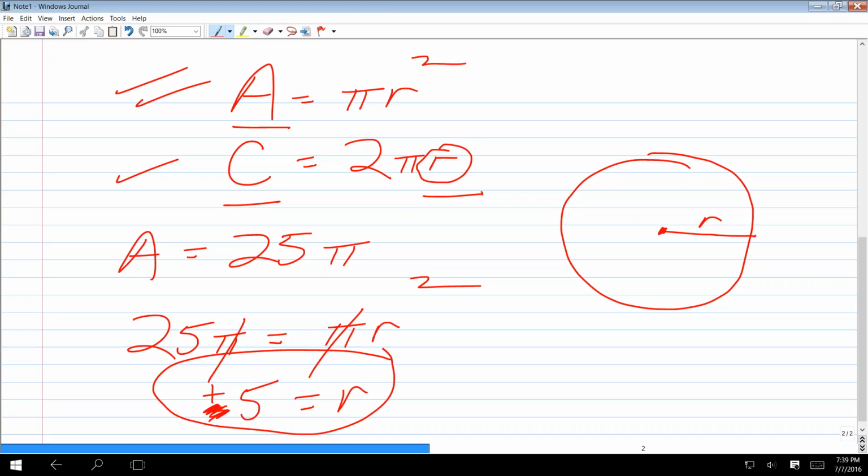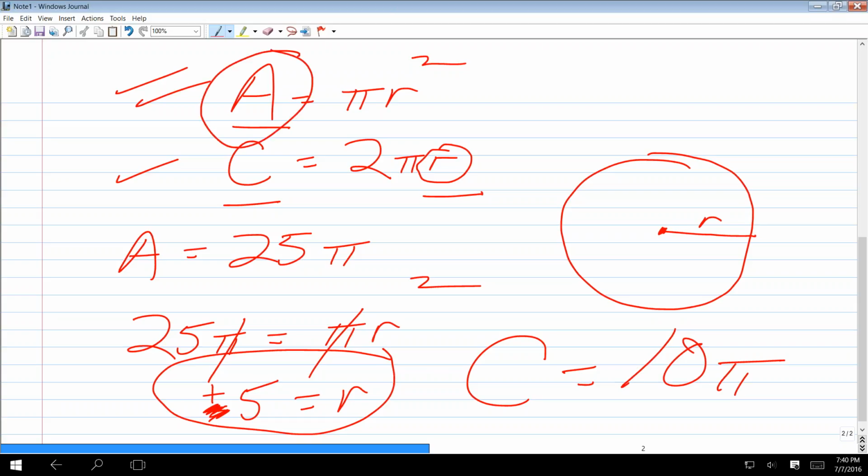Now, once I know the radius, what's the circumference? The circumference would be 10 pi. So it doesn't matter what information they give you. They give you the area, you can figure out all three. They give you the circumference, you can figure out all three.